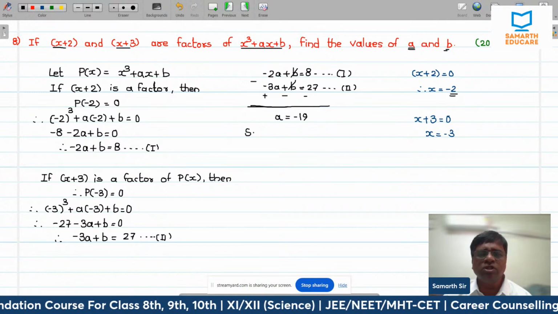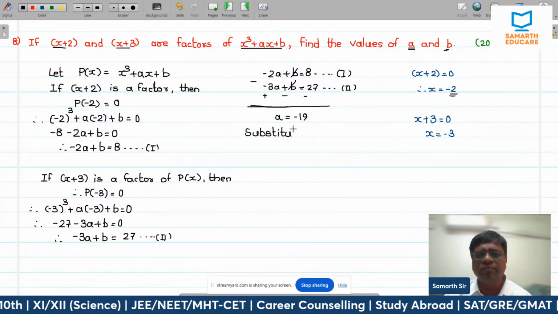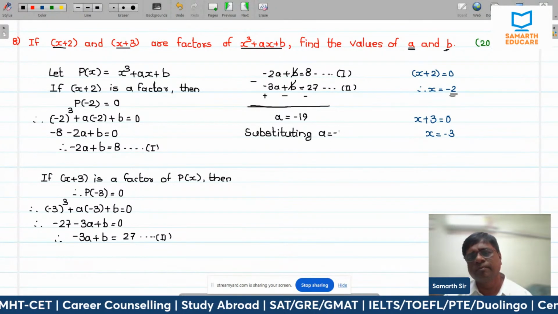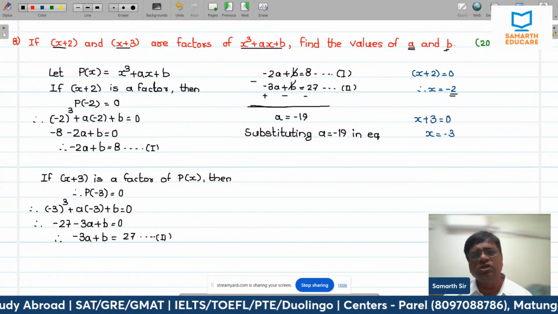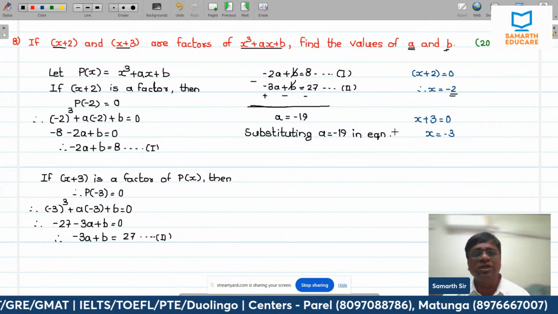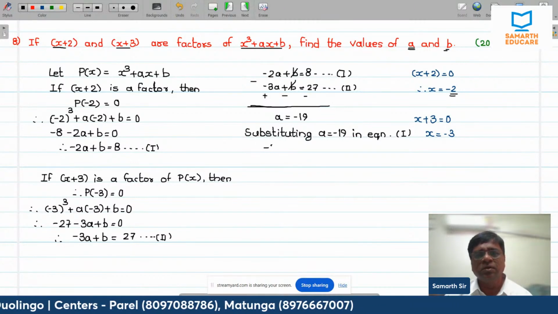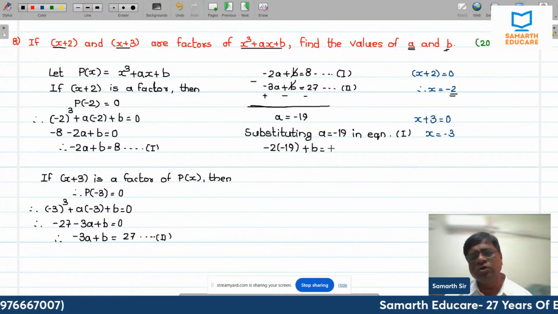If I substitute this value of a as minus 19, a is equal to minus 19 in equation, you can substitute in any equation. If I take it in equation 1, that means minus 2 into minus 19 plus b is equal to 8.